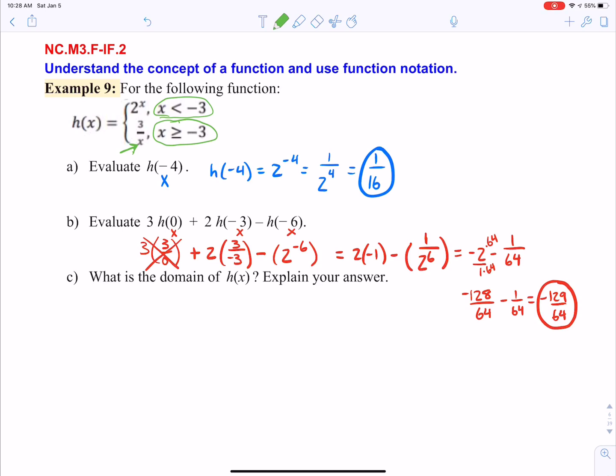So what we could say is we can write it a couple different ways. So let's write it as interval notation and say negative infinity to infinity, but x cannot equal 0.